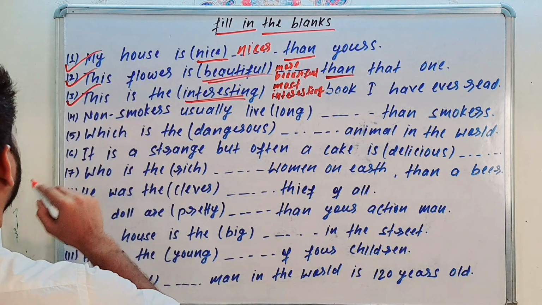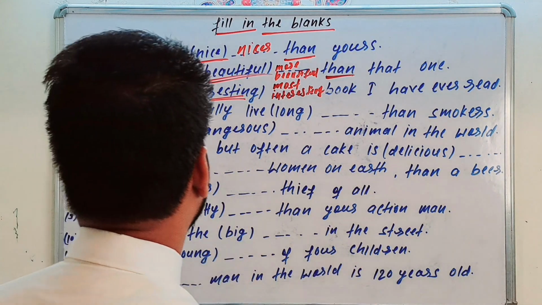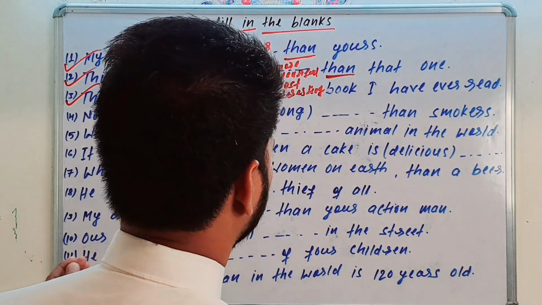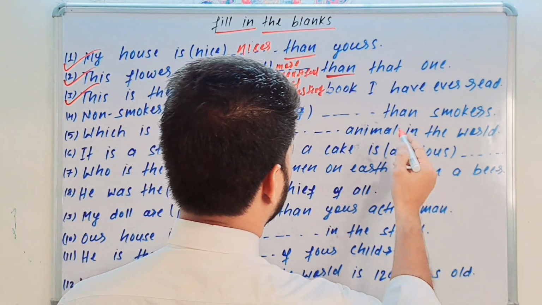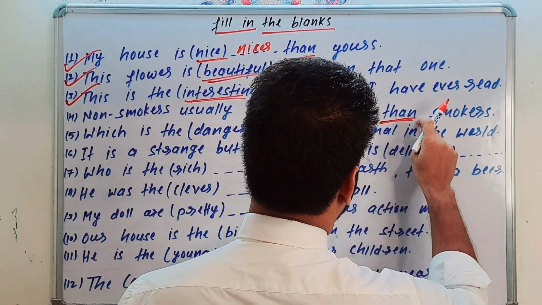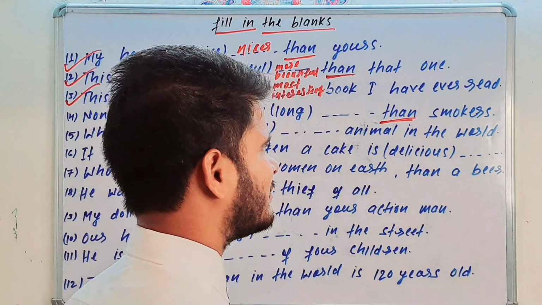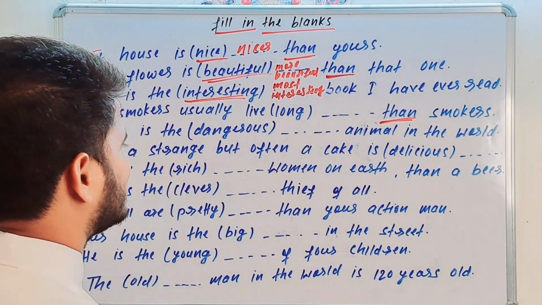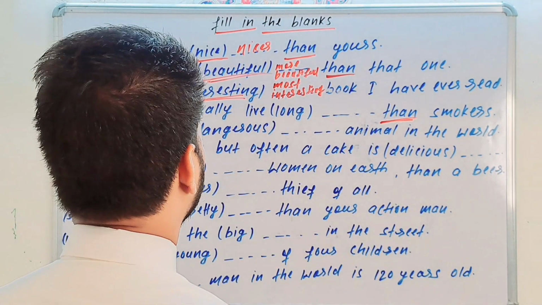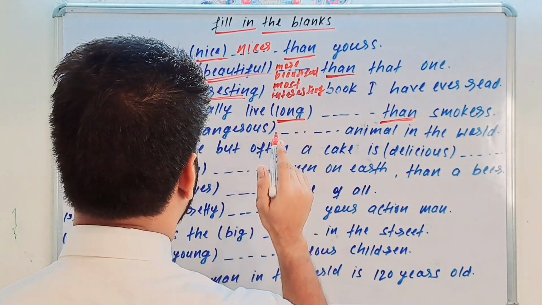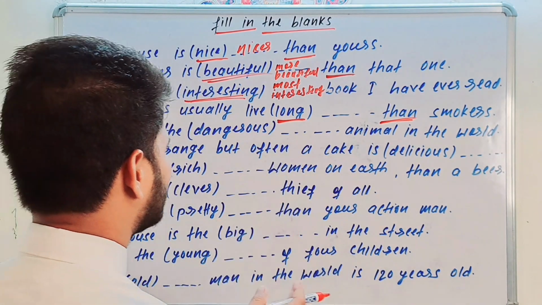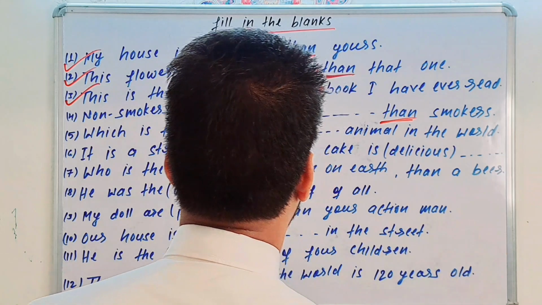So here, fourth one. Non-smokers usually dash than smokers. See, in the fourth question, than is used. So we have to fill in the blanks with the comparative degree of long. There is one word in the option, and this is an adjective. You have to convert it to comparative degree.